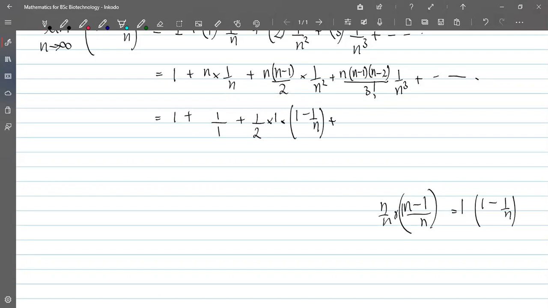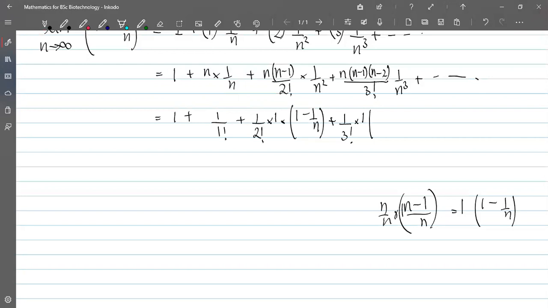In the same way, what will this be? You have a 1 by 3 factorial in the denominator. In fact this is also 1 by 2 factorial. 2 is 2 factorial, but in order to see the pattern more clearly, I'll write 1 factorial, 2 factorial, 3 factorial. Now what happens over here? One of the n's, which is by itself, gets cancelled straight off, and this is n minus 1, and then you have another n here, right? You have two n's remaining in the denominator because one of the n's we cancelled.